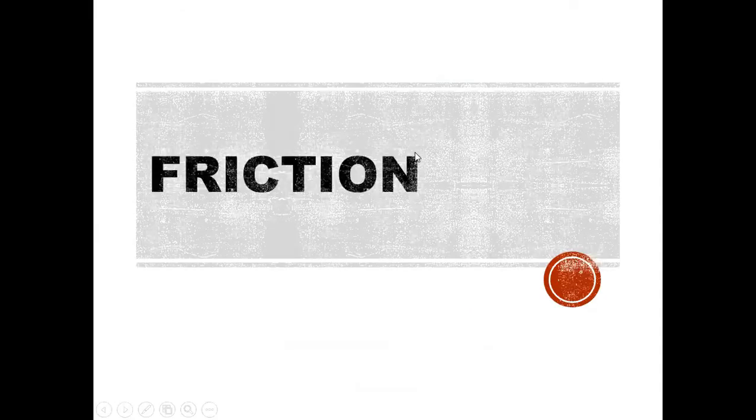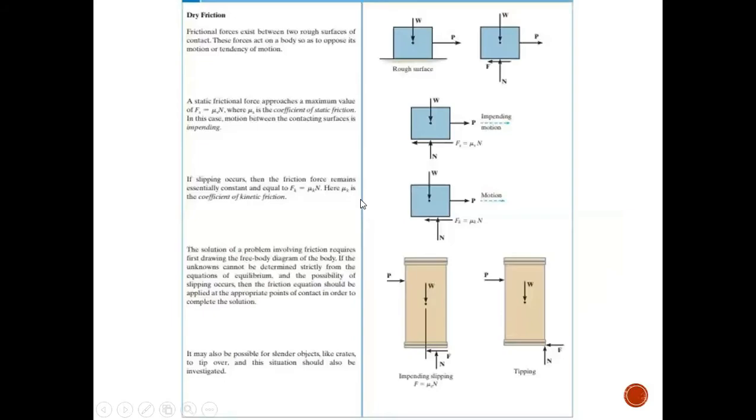So we have come to friction. Frictional force exists between two rough surfaces in contact. These forces act on a body so as to oppose its motion or tendency of motion. So we can see here the frictional force is opposite to the motion of the object.